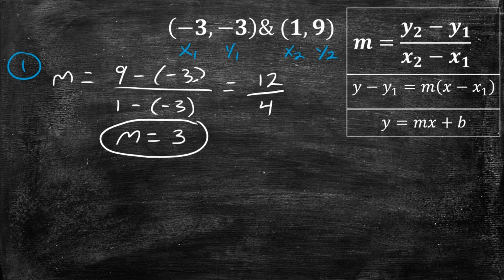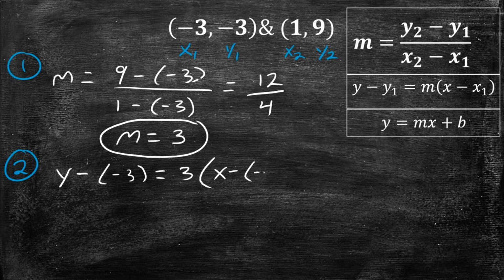Now we're going to move on to step 2, and that is to write it in point slope form. And just to keep it consistent, I'm going to use my x1 and y1 that we used earlier. So we get y minus y1, which is negative 3, is equal to our slope, which is 3 times x minus our x1, which is negative 3.